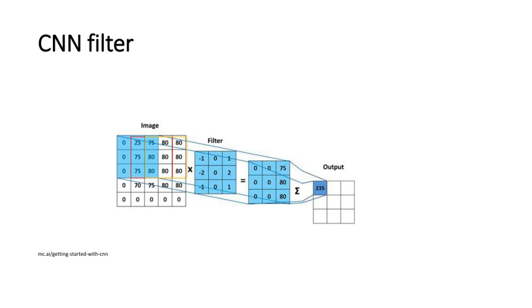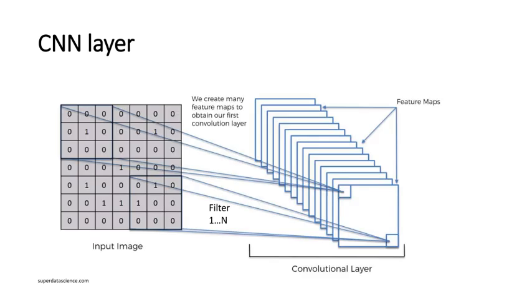The CNN filter here, which we are applying: you have some image, you have some filter or feature detector, and then you have the output, so the feature map itself. And in this CNN layer, first of all we have here an input image, then we apply some filters. The filters you can imagine like some feature detectors.